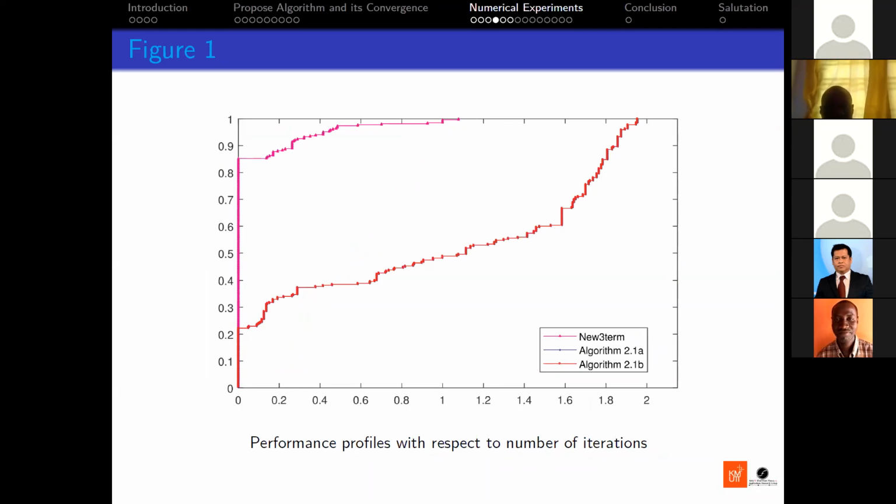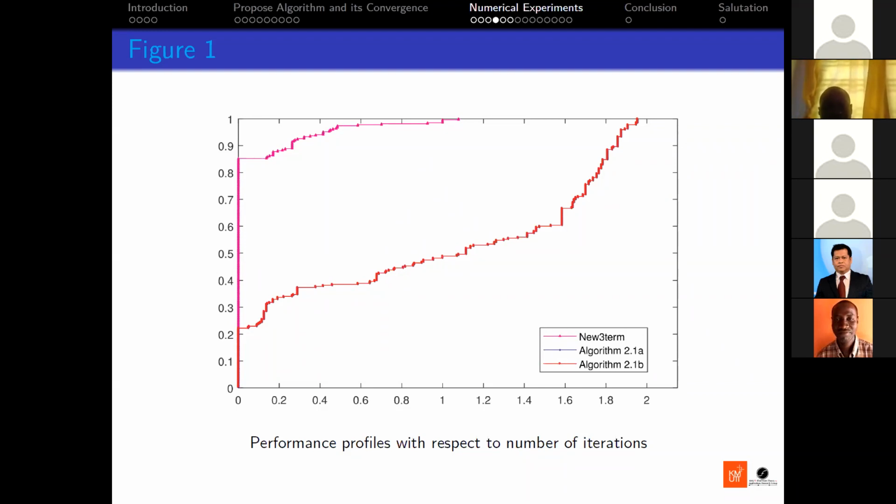Okay, this graph is obtained using the Dolan-Moré performance profile. The Dolan-Moré performance profile is a summary because it has so many steps. It is a summary after plotting the graph, because you are using this graph to establish which is the best solver in terms of the metric you are considering.